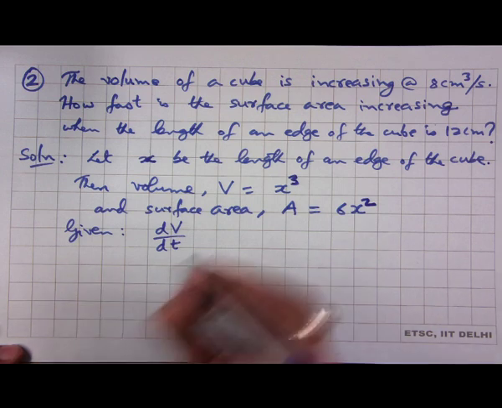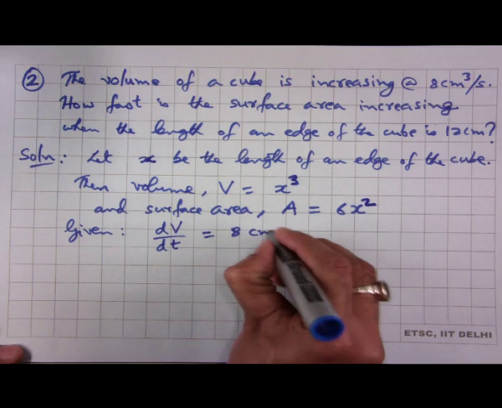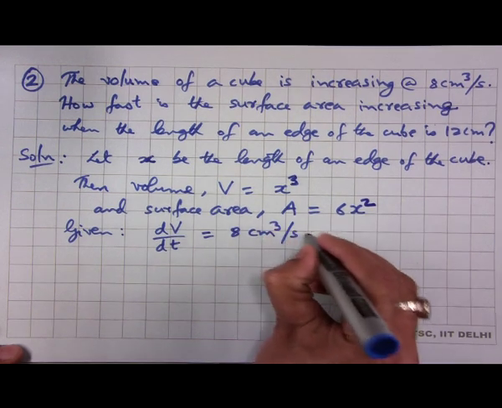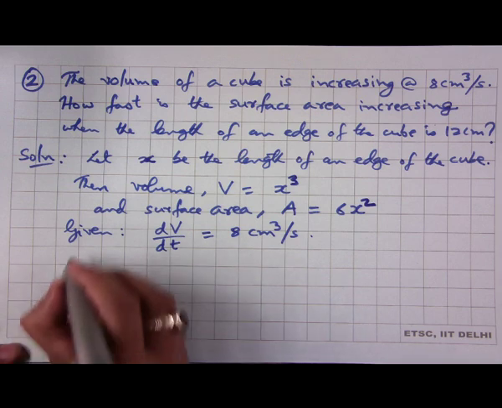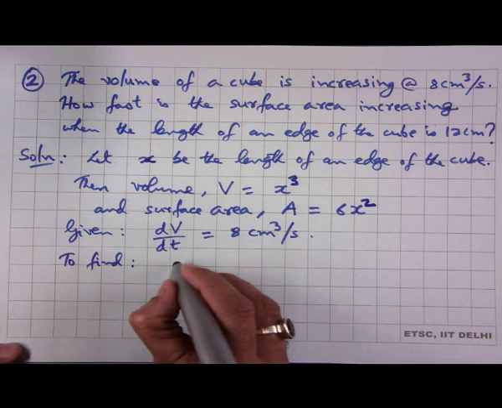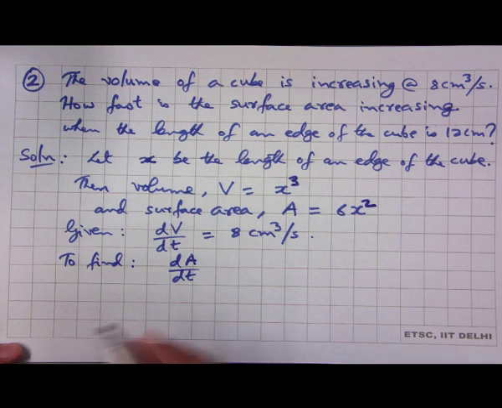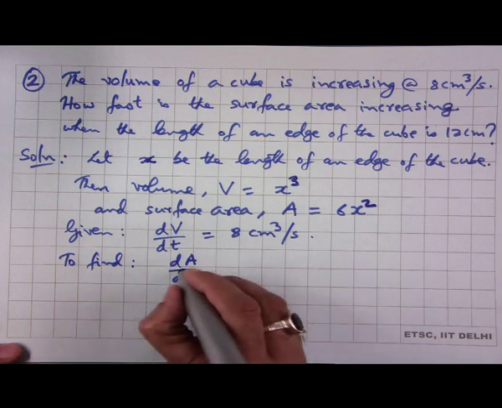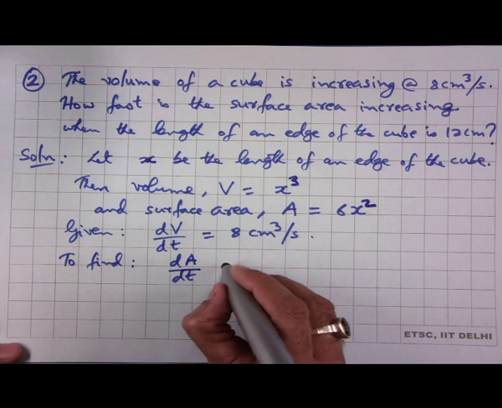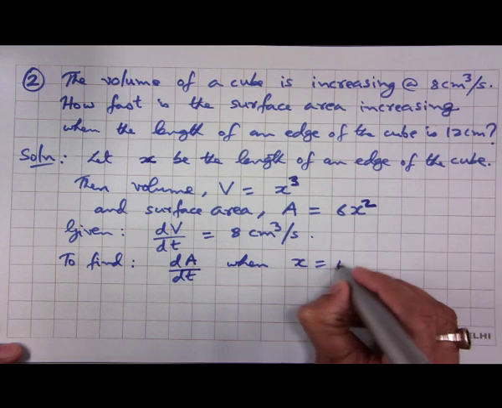So, dV/dt is equal to 8 cubic centimeter per second, and we have to find the rate at which surface area changes, that means dA/dt. What is dA/dt when x is equal to 12 centimeter?